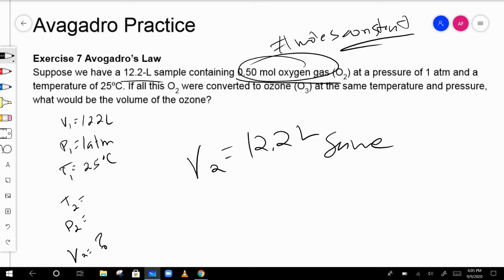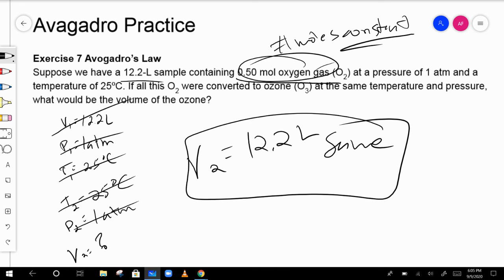Kind of a trick question. Because all this stuff is staying the same. Temperature is 25, pressure is 1 atm. So if all of these stay the same, the number of moles is staying the same, then the volume should stay the same. Tricky question there.